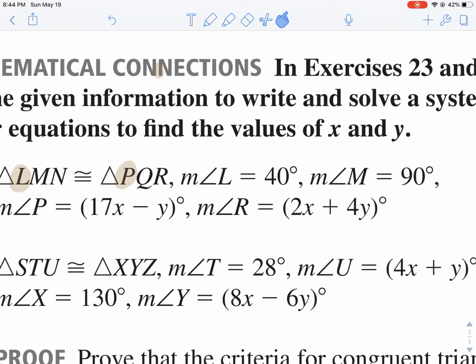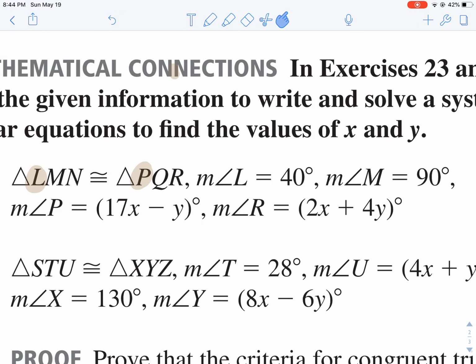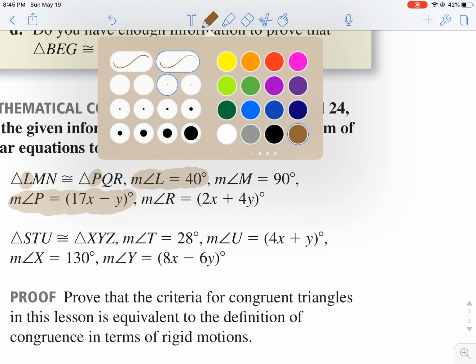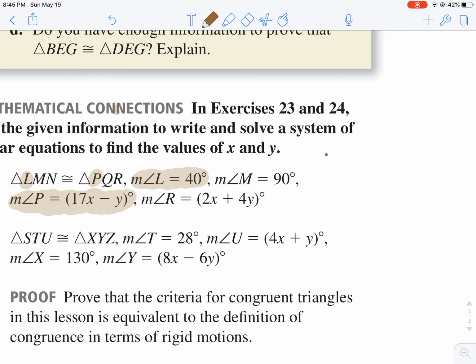So I'm going to go through this problem, and I've got L right here and P. These two are congruent, which means these equal one another. So I can already start setting this up a little bit. Off to the side here, I'm going to set up 17x minus y is equal to 40.